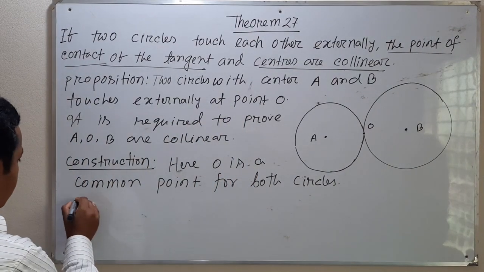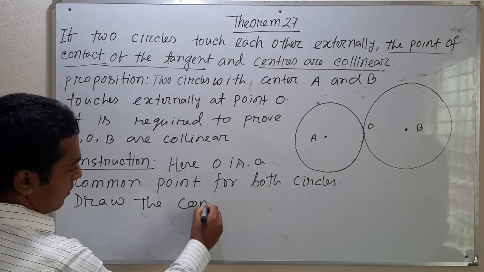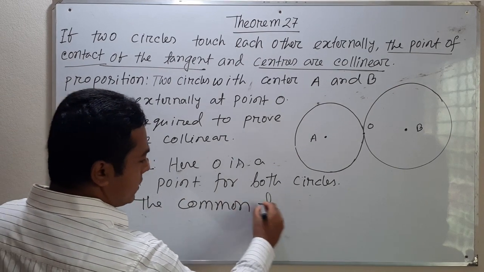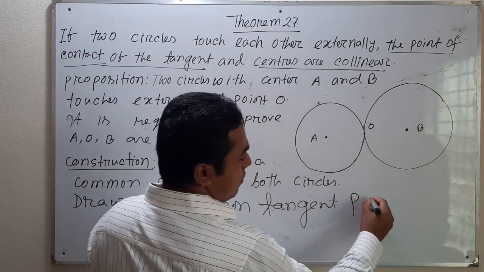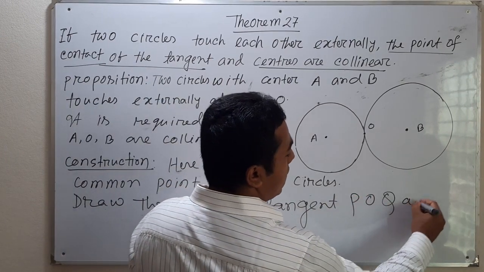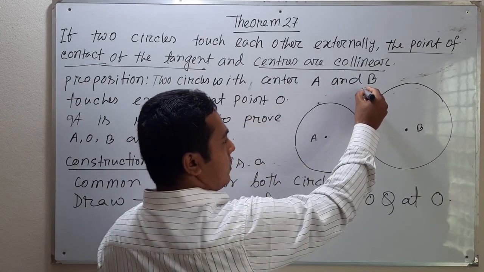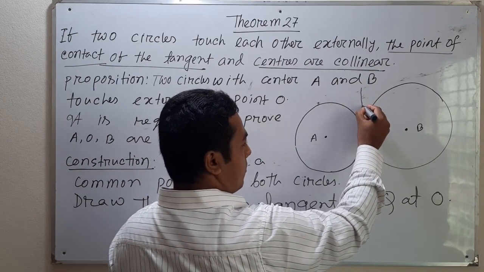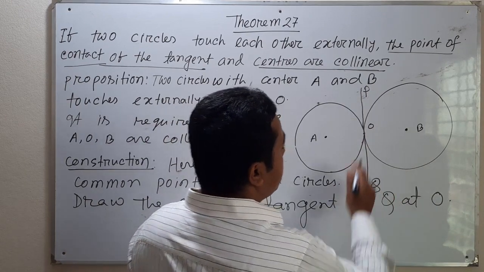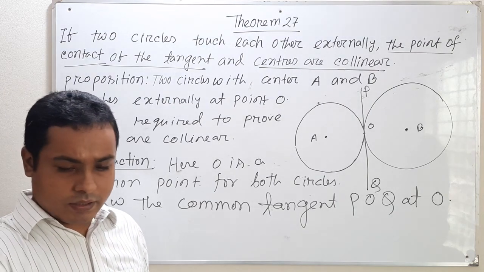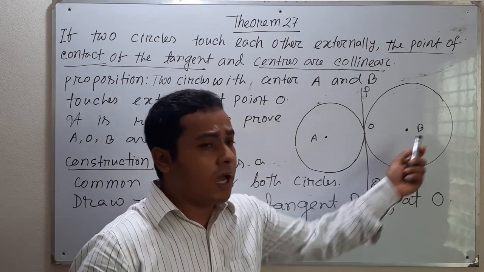So draw the common tangent POQ at O. This is our common tangent, and we have to prove A, O, B are collinear.